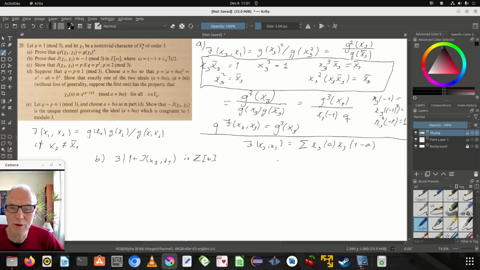So that means that they lie, so it's a unit, and that was that it's not in the module extended by square root minus 3.